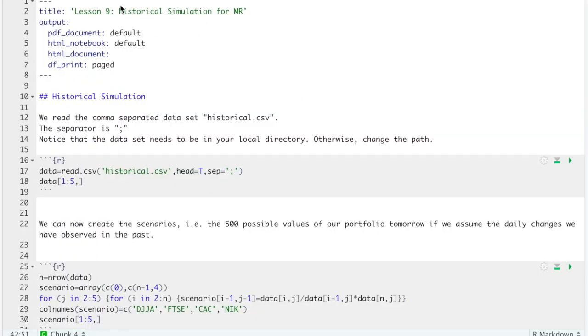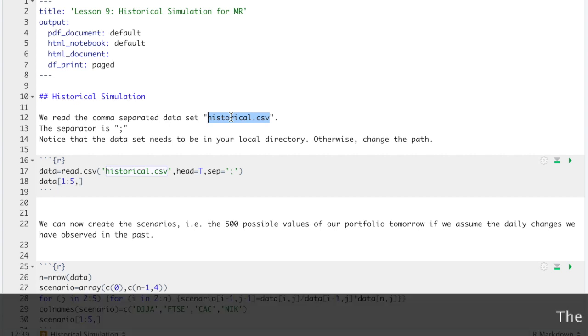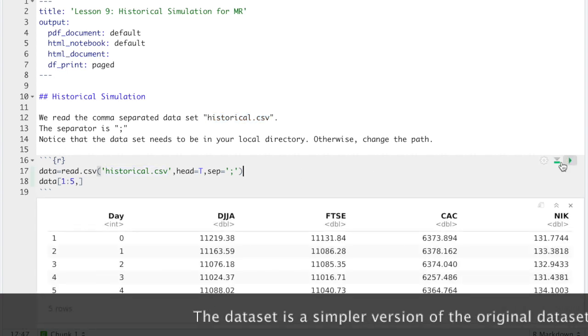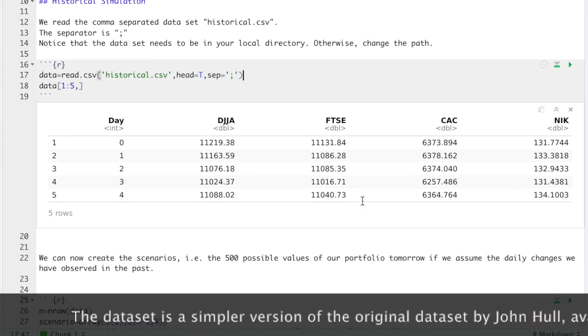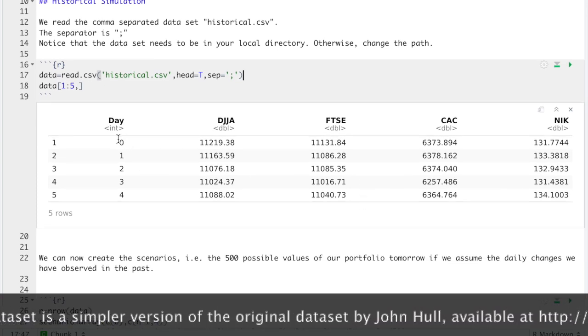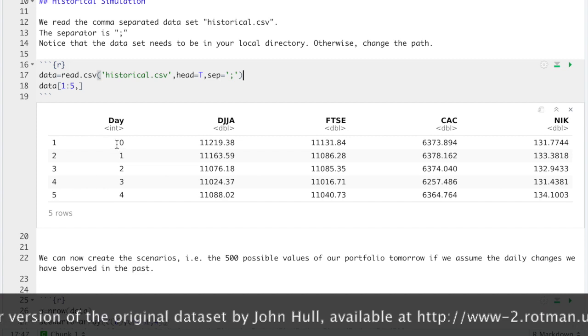Okay, so in this lesson we perform the historical simulation for market risk using some real data that are contained in the historical.csv file. This is a comma-separated dataset in which the separator is the semicolon. Now what we can do, we can just read the dataset, and if we have a look at the dataset, we can see that it contains a certain number of days.